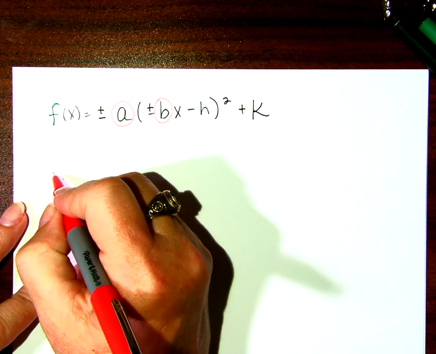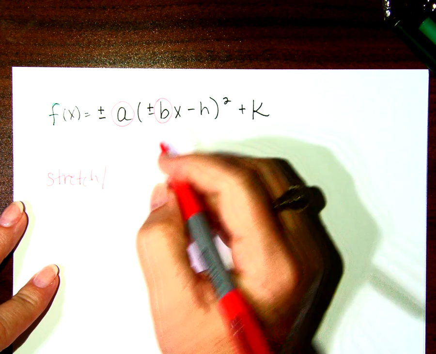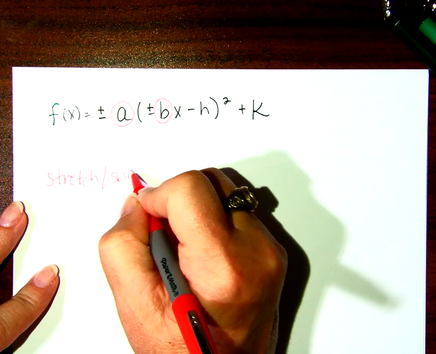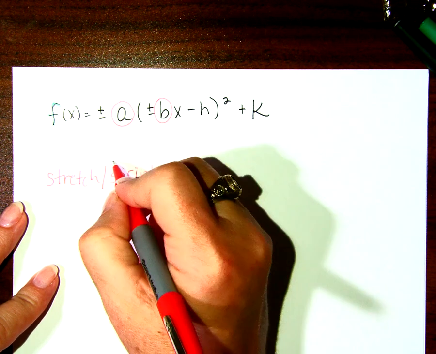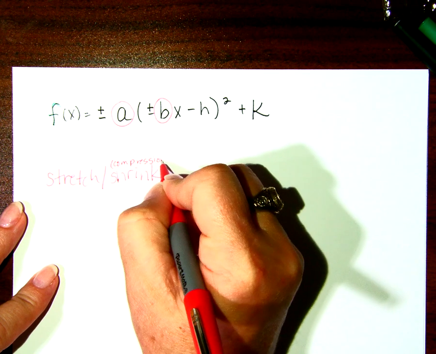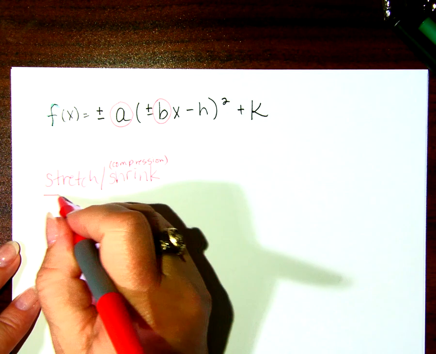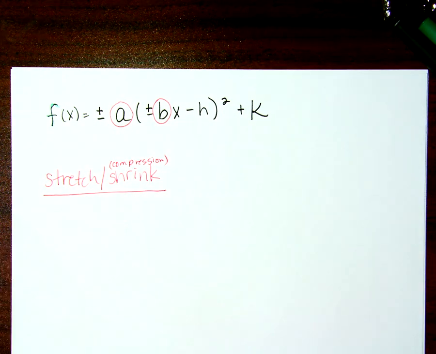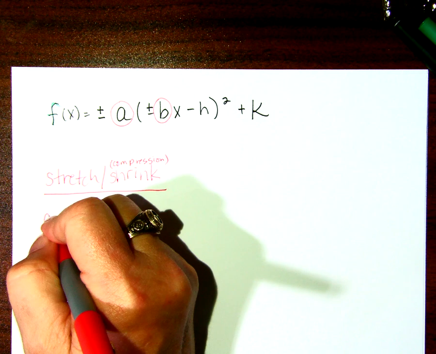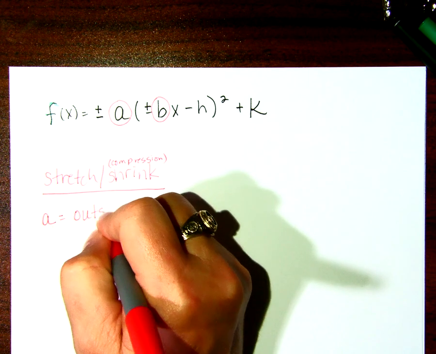When the multiplication happens, we either have a stretch or a shrink. Now, sometimes we call this a compression. I think the word that they use in their textbook, in their curriculum, is shrink. Okay? A is outside of the function.